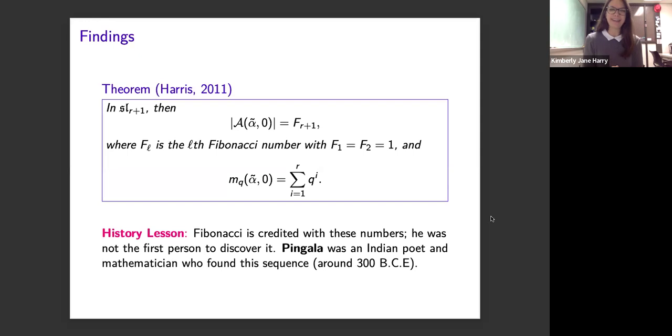So Pingala doesn't fully get the title of finding the sequence. Fibonacci does, and I'm always going to refer to the numbers as Fibonacci numbers, but I like to point out that he wasn't the first one to find it. From what I found in the history, Pingala was the first person to find the sequence. But anyways, fun fact. There we go.